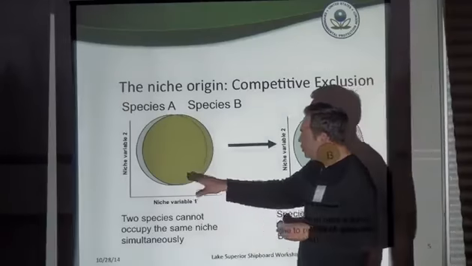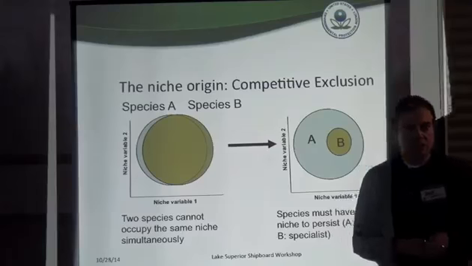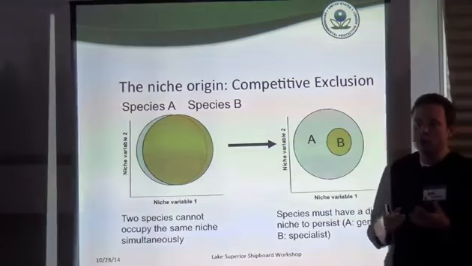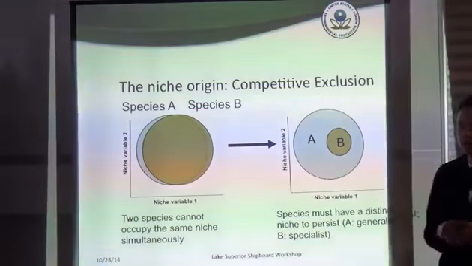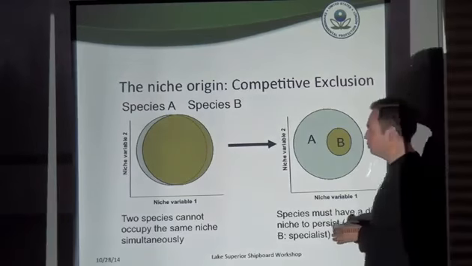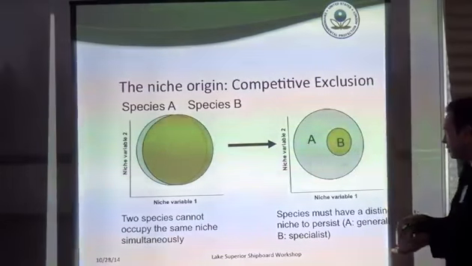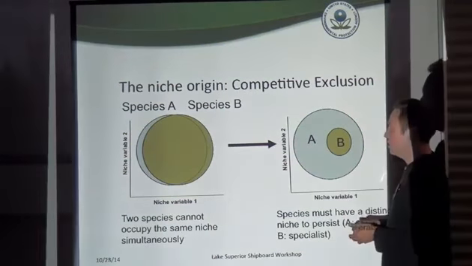The simple idea is that these two species cannot occupy the same niche simultaneously. One must outcompete the other. They both cannot persist. For pictorial reasons it's possible to draw, but the concept is that those circles are perfectly overlapping. That cannot happen, is this idea.